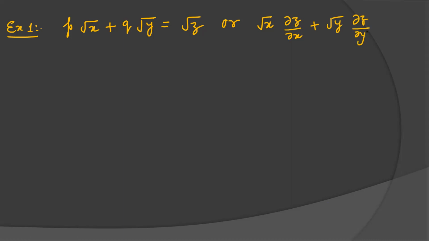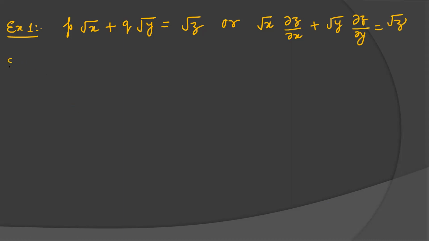Solve p root x plus q root y equal to root z. Or we can write it like this: root x del z over del x, because p is del z over del x, plus root y del z over del y equal to root z. What will we do?